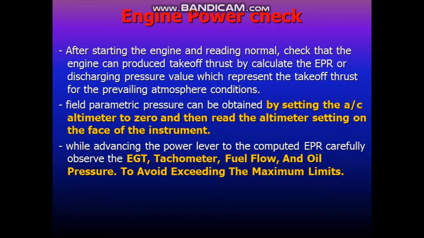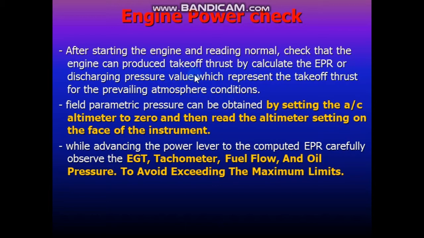Engine power check. After starting the engine and reading the normal instrumentation, check that the engine can produce takeoff thrust by calculating the APR or discharge pressure value, which represents the takeoff thrust for the pre-flight atmospheric condition.